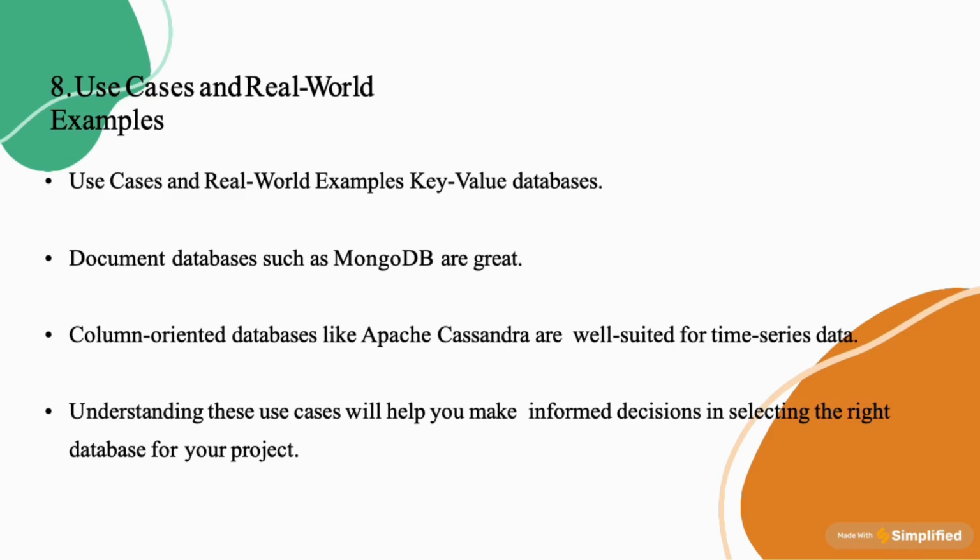Document databases such as MongoDB are great for content management systems and e-commerce platforms. Thirdly, column-oriented databases like Apache Cassandra are well suited for time series data and large-scale analytics. Graph databases like Neo4j excel in social networks, fraud detection, and recommendation engines. Fourthly and lastly, understanding these use cases will help us in informed decision making in selecting the right database for our project. Thank you.